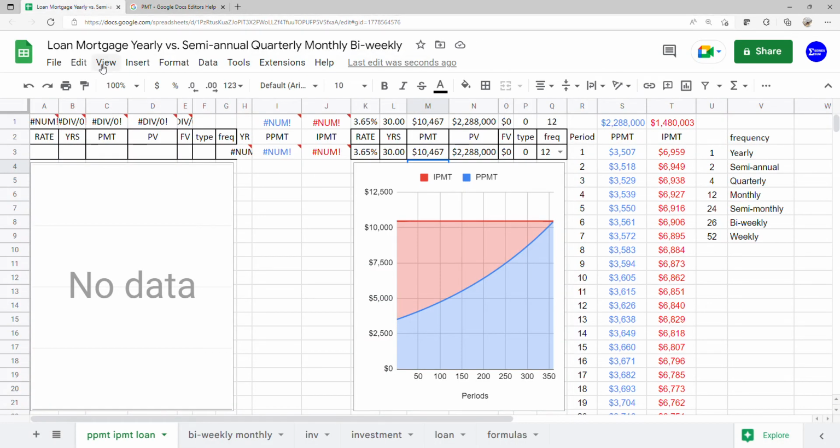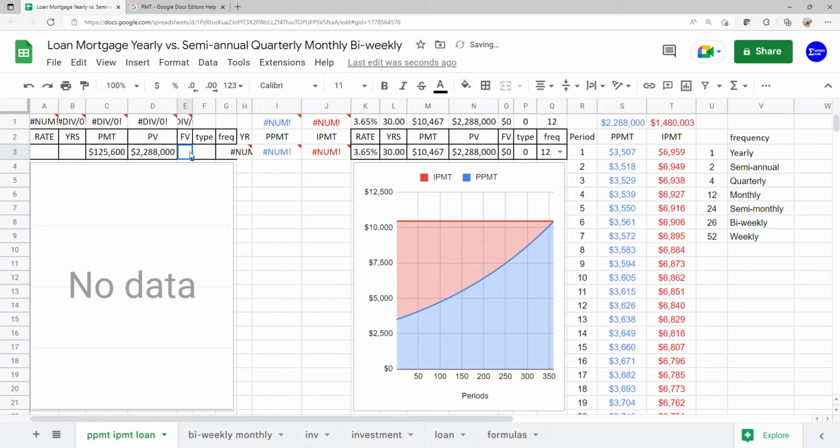So we'll have the payment here equals 12 times the monthly payment. So that's the yearly payment. The present value is the same. So we copy this and paste it here.